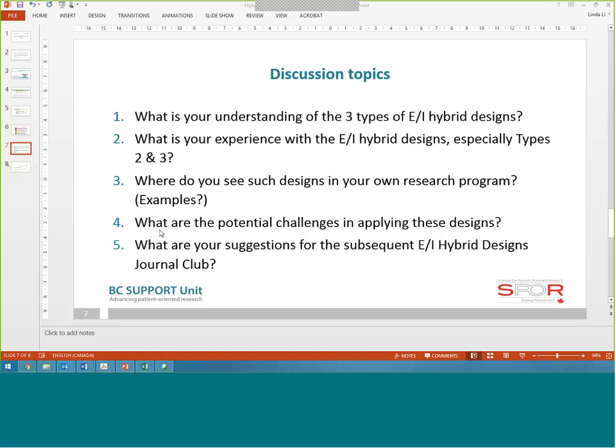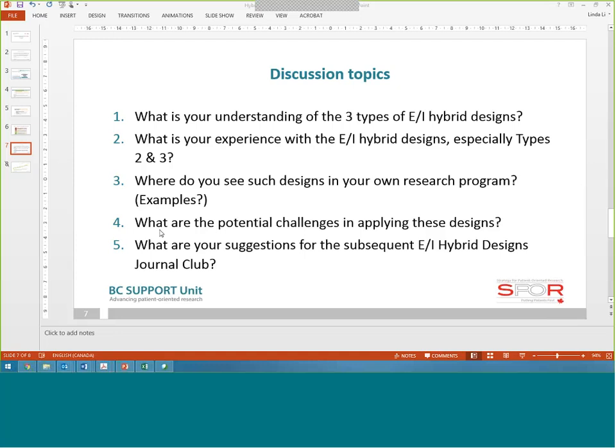Yeah, what I've been trying to wrap my head around with respect to the hybrid design is the implementation aspect of it. My understanding is that with these designs, the uncertainty lies in what method of implementation is better.